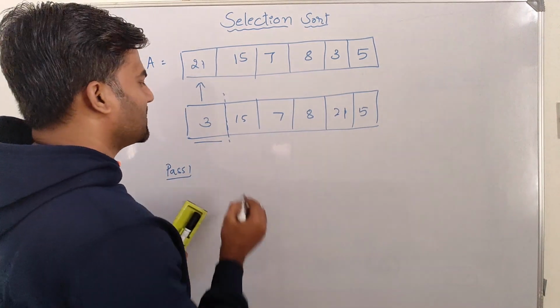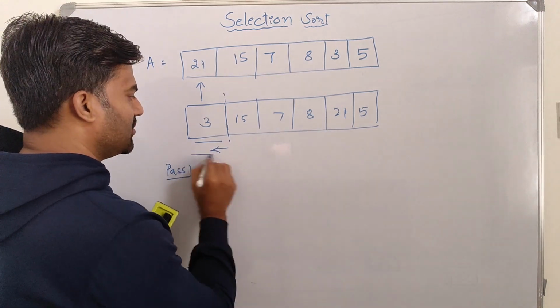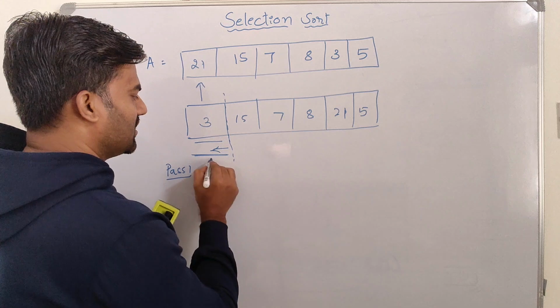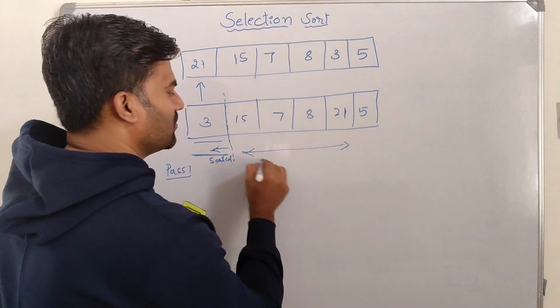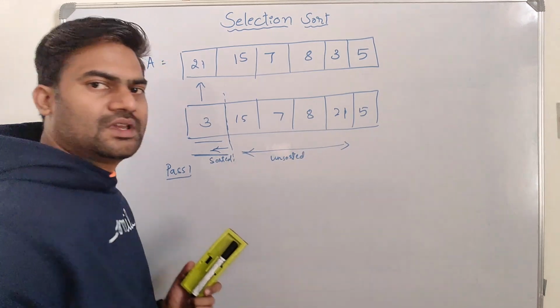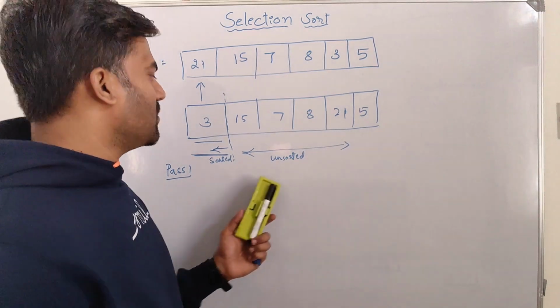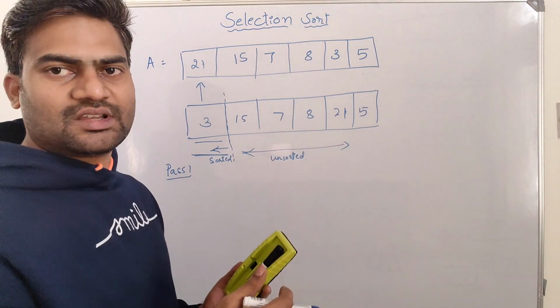At this point, this particular block is sorted, but this part we don't know; it is still unsorted. After the first pass, I give this input to the second pass.